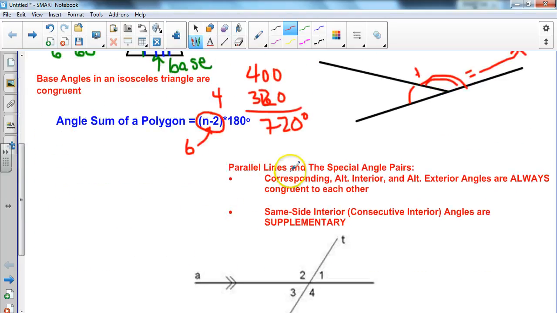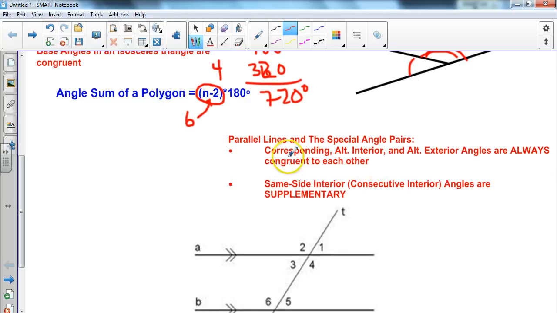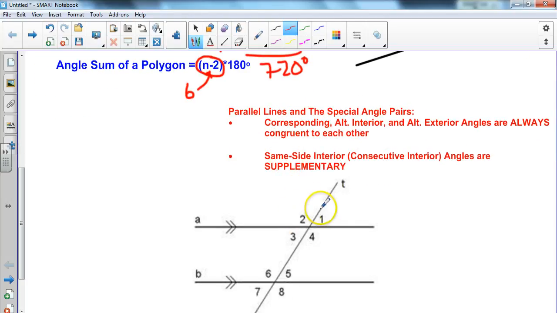Anyways, and then the last one here, parallel lines and their special angle pairs, right? Remember that corresponding angles, say like this angle and this angle, or this angle and this angle, for example, or the other 2 pairs I could illustrate, are always going to be congruent. Know the alternate interior angles, so this angle here and this angle here are congruent, right?